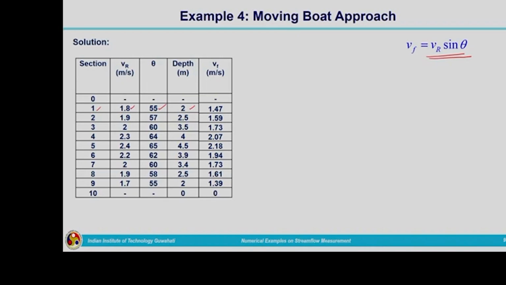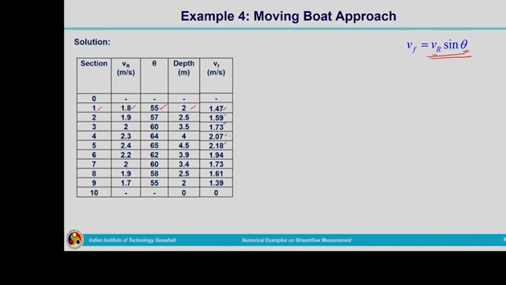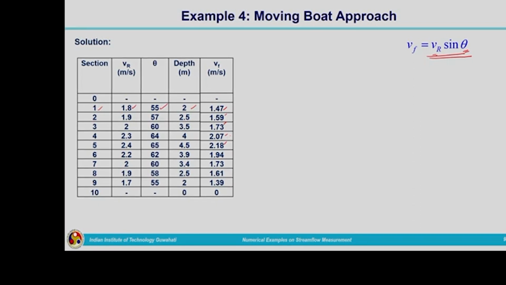So, we need to get the flow velocity, Vr sin theta, calculated by substituting theta from the table and the corresponding Vr value. That is tabulated in this column, and once Vf is obtained, we need to calculate the discharge.